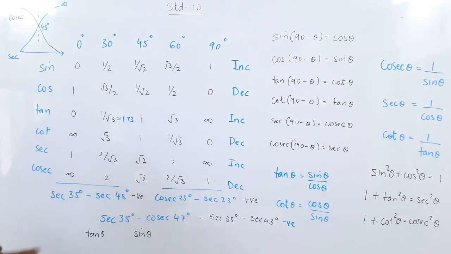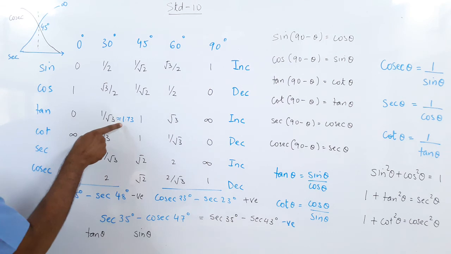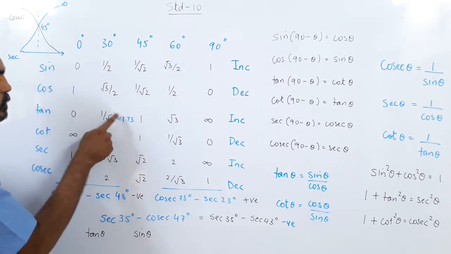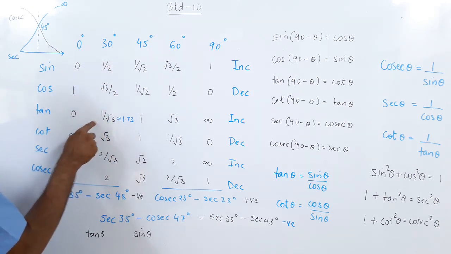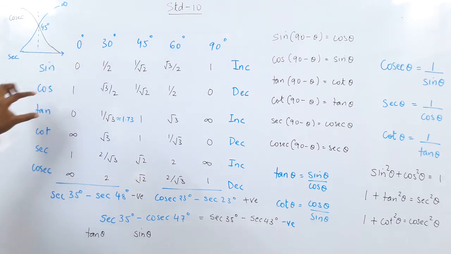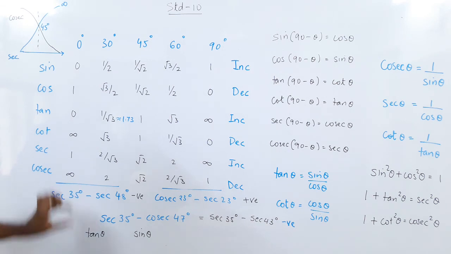So which number is bigger, 2 or 1.73? 2 is bigger. So the denominator is bigger, means this value will be smaller. Denominator is smaller, means this value will be bigger. Means tan has grown more than sine. So tan is a more increasing function than the sine function, means tan is increasing at a faster rate than the sine function.